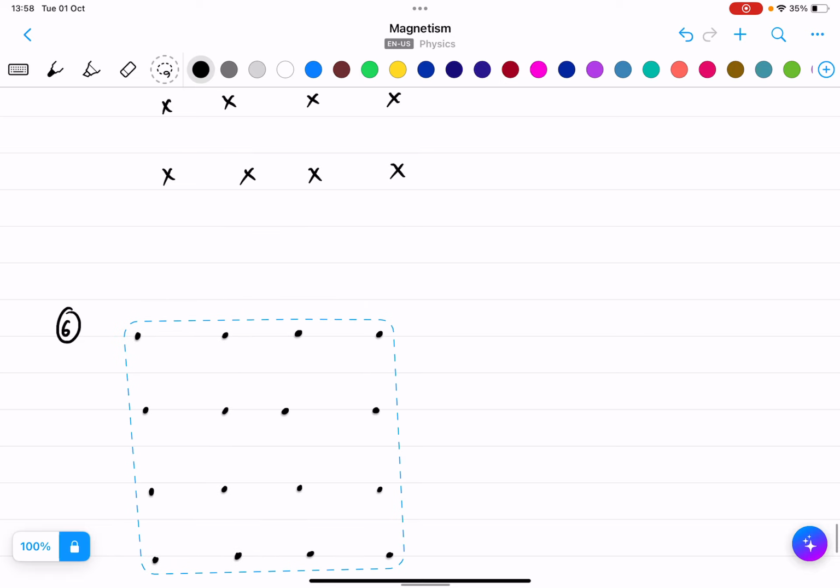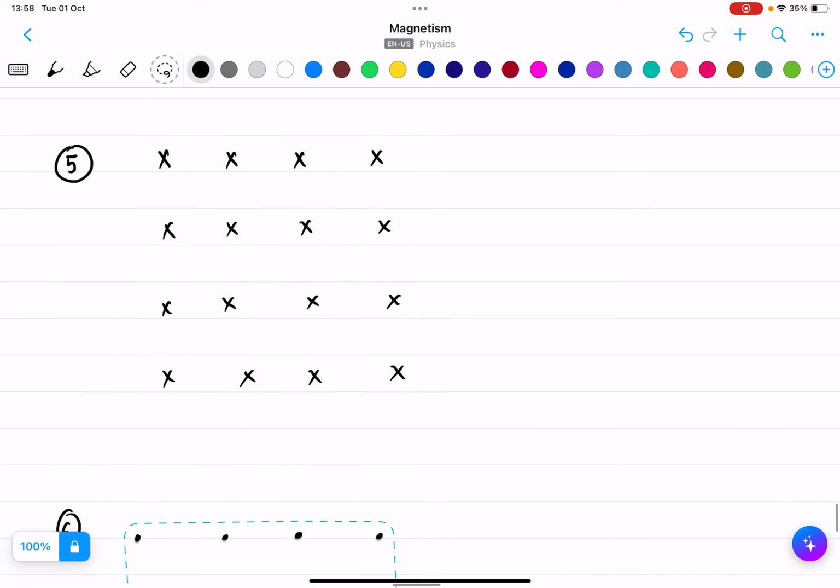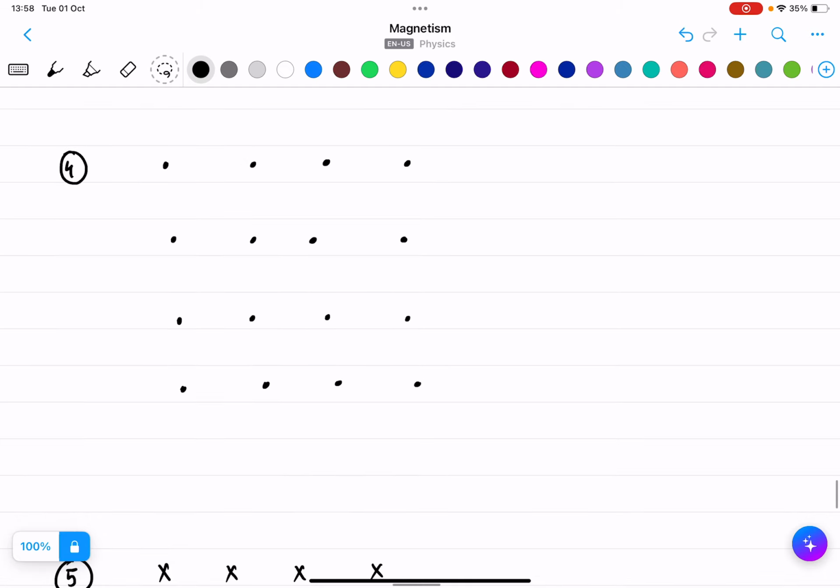Okay, now we will do these three cases. So before doing these three cases, I'll just tell you an example. Have you ever seen the bow and arrow, right? So this is the head of the arrow and this is the tail of the arrow.